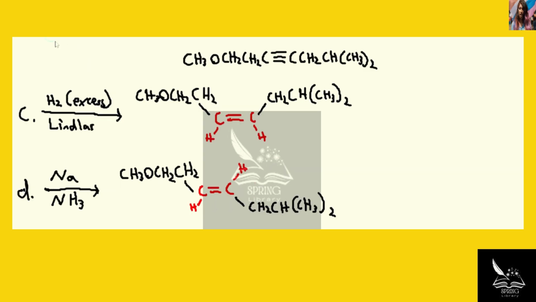So then for C and D, again, I drew the starting material up here just because it's easier to keep track of that way. And so C is really asking the same thing as B, but this time we have excess hydrogen gas.